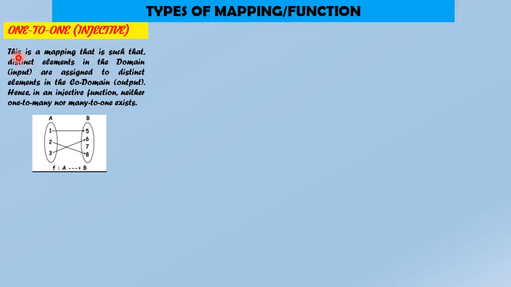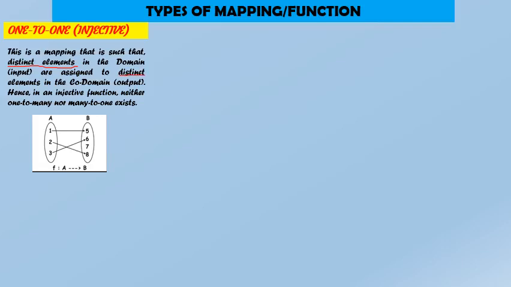So we said one-to-one is a mapping that is such that distinct elements, so take note of that, distinct elements in the domain is assigned to distinct elements in the co-domain.